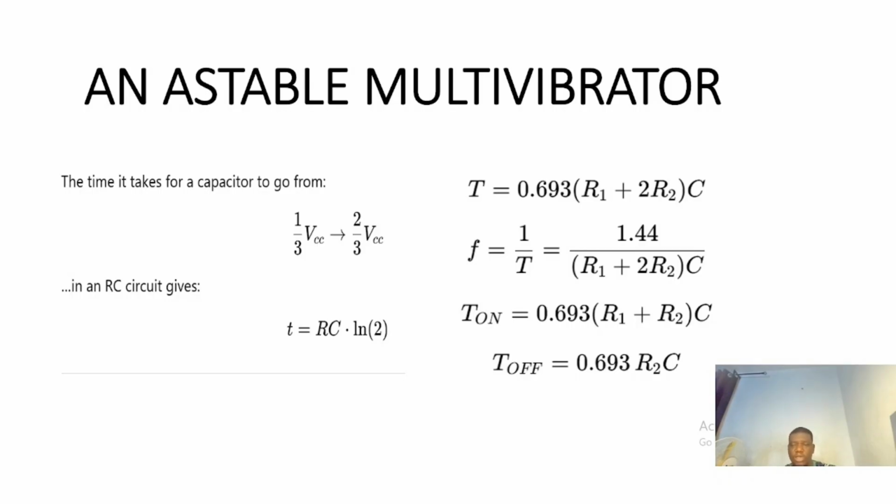This is how it should be. For that to work, you need to use this formula, because if you use this formula with wrong labeling, you get the wrong result. Your system will be giving you the output for off as on and the output for on as off, which is not what you want. So stick to what I'm telling you here now. R1 is the one between 7 and 8, R2 between 7 and 6.